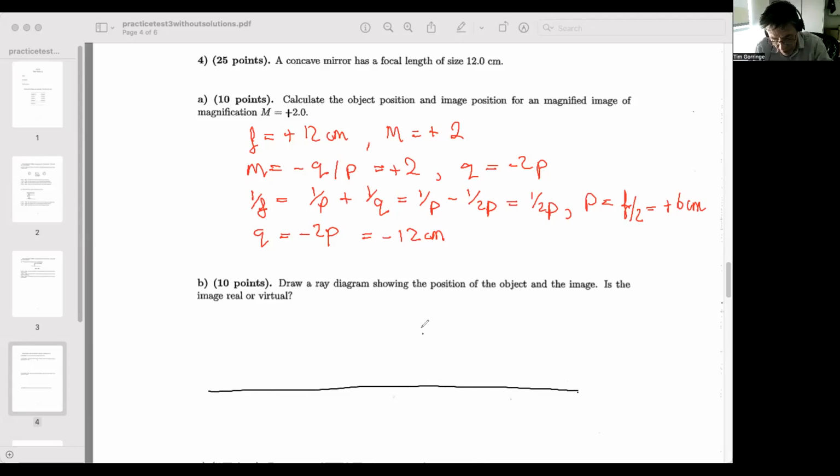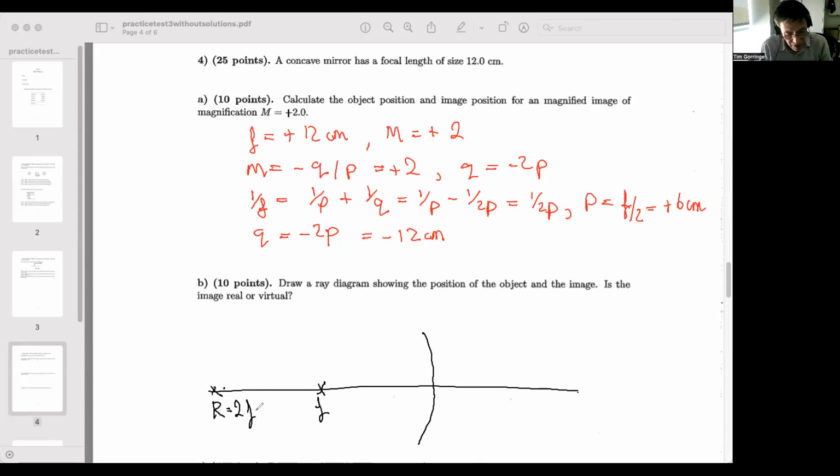I'm going to center my concave mirror on that optical axis. So over here on the left is the front side. Over here on the right is the back side. I'm going to mark the focal length. Let's say that this is 12 centimeters from the mirror. This would be the radius of curvature of the mirror. That's twice the focal length.